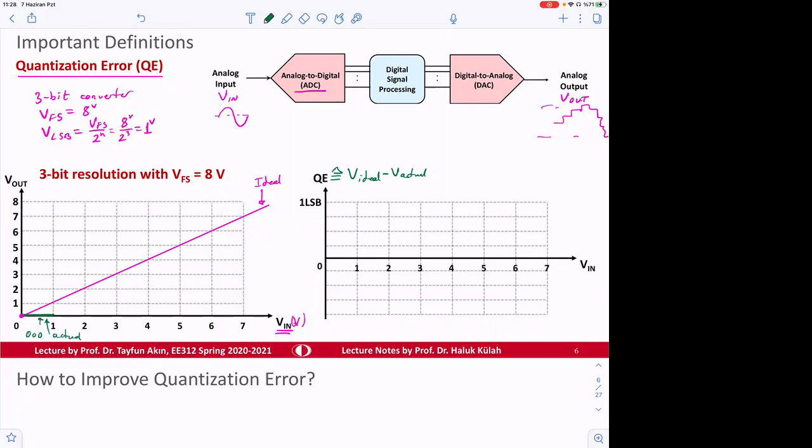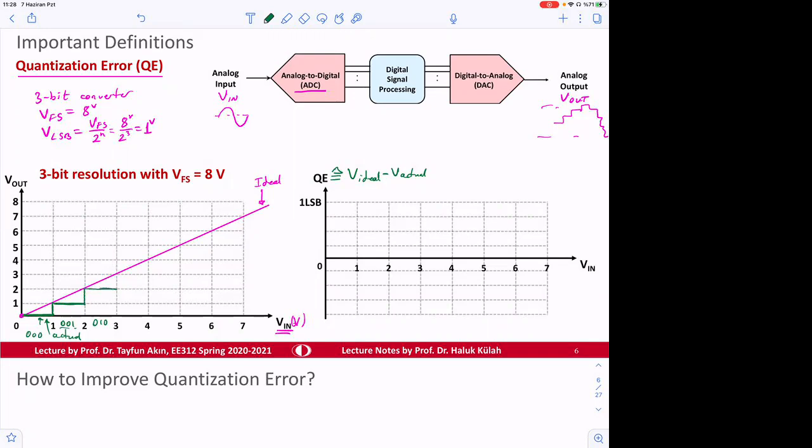This is going to be digital representation 0, 0, 1. And this is going to be in between, 0, 1, 0. So if this is now 0, 0, 1, then the D to A converter is going to be showing it at the output like this. And then until it goes here, it will remain there, and then it will go up.